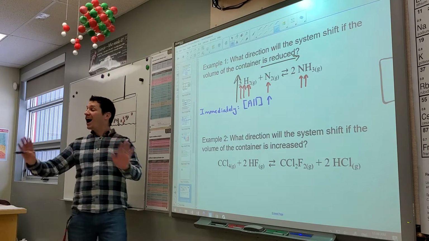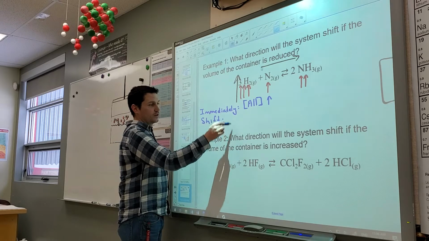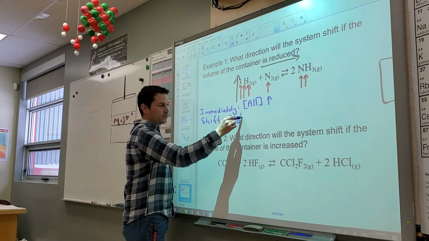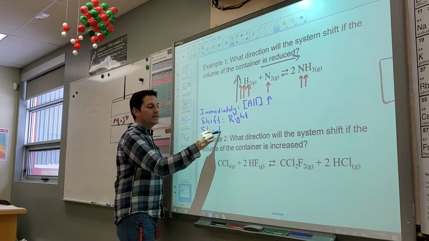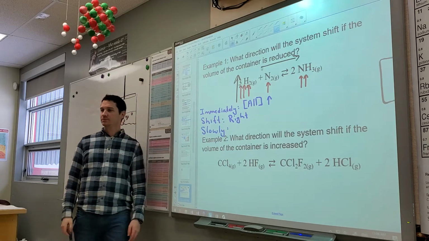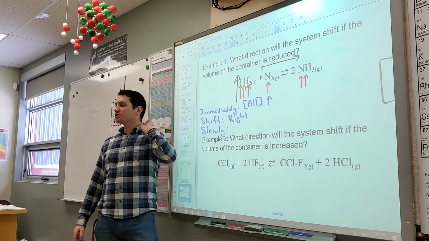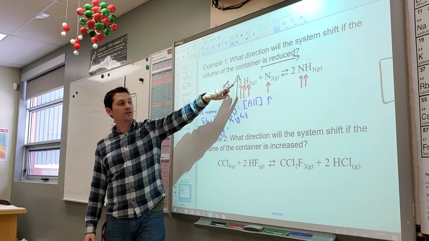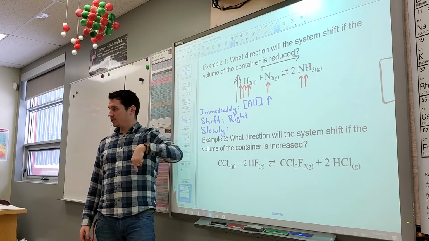Now, because our system shifts to the right, slowly what's going to happen? Because we shift to the right, slowly what will happen to the concentration of hydrogen? It'll decrease.